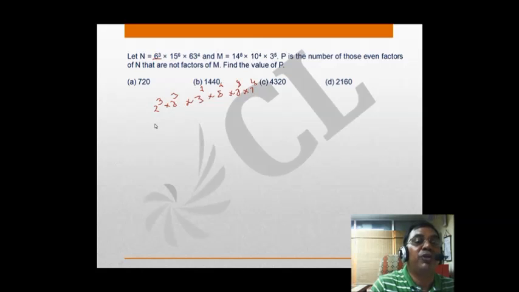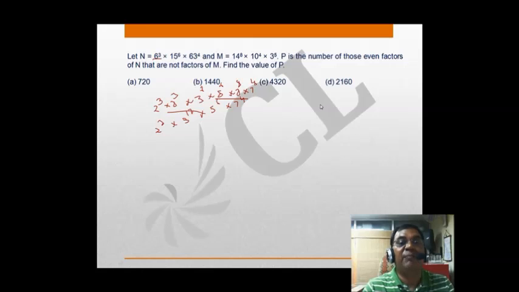So 2 to the power 3 into 3 to the power 17, 5 to the power 6. This is the first number.